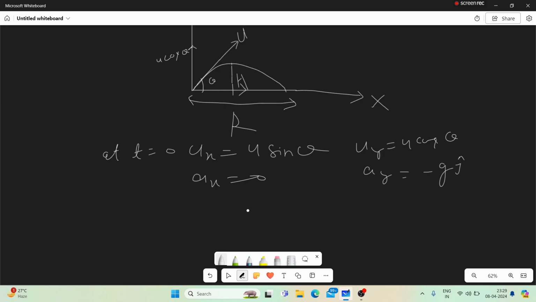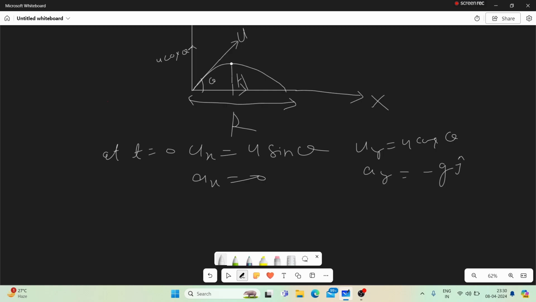So after some time, during the whole journey, since acceleration is acting only along the y-axis, as the time passes, the y component of velocity will decrease, and at the highest point, the y component of velocity will become zero.